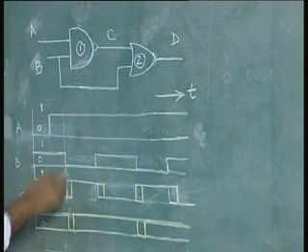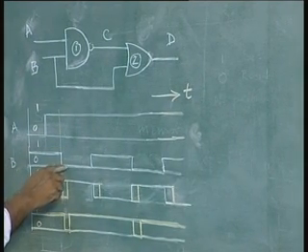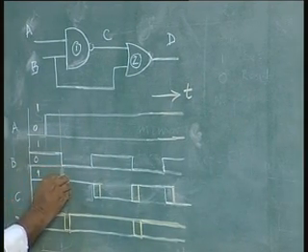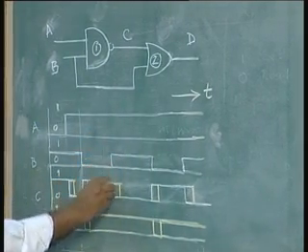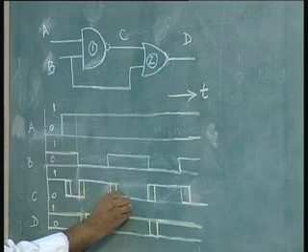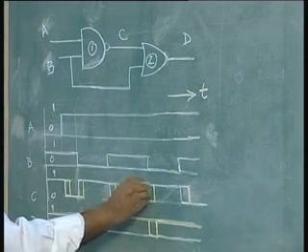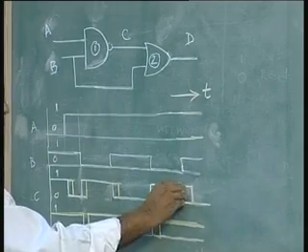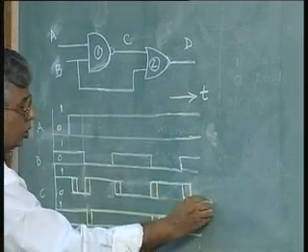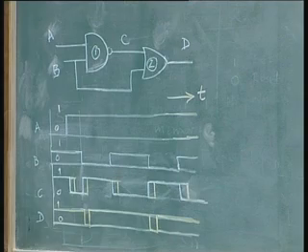Again, since one of them is going to become 1 and one of them is going to become 0, this is going to become 1. Again the 1-1 combination results in 0 for this duration, back to 1 because this will become 0, and so forth. It continues. This is the output at C based on the simple NAND gate operation.